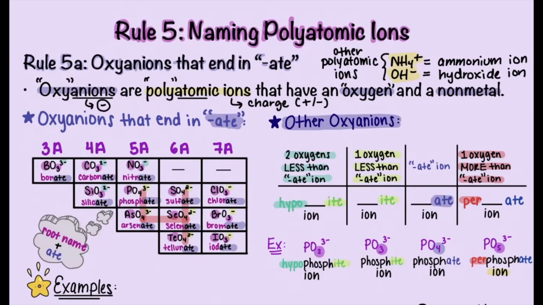If you are hypo-ite of an oxyanion, that means you have even fewer oxygens than your original, specifically 2 oxygens less. And yes, notice that the charge for all these oxyanions, whether it's per-ate or ate or ite or hypo-ite, does not change when oxygens are added or removed.